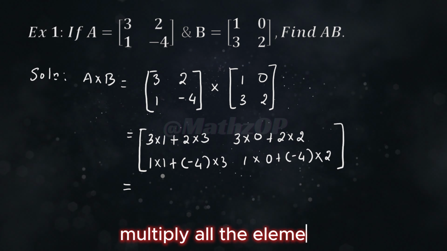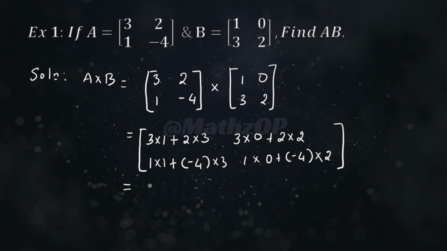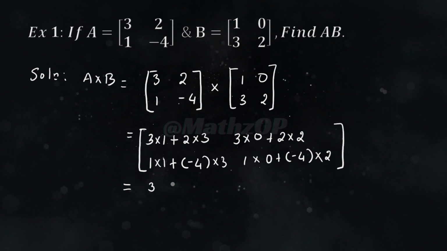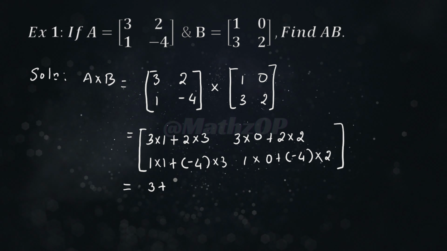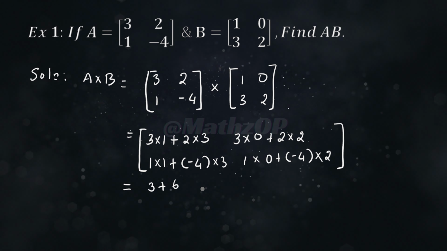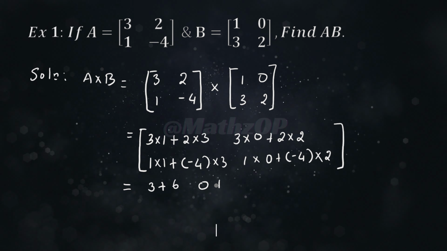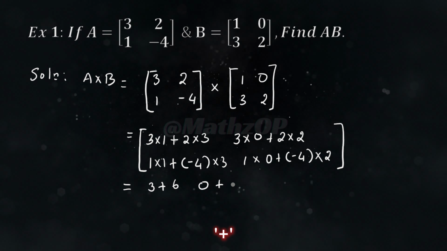Now let us multiply all the elements. 3 into 1 is 3, plus sign will keep as it is. 2 into 3 is 6, 3 into 0 is 0, plus sign as it is. 2 into 2 is 4.